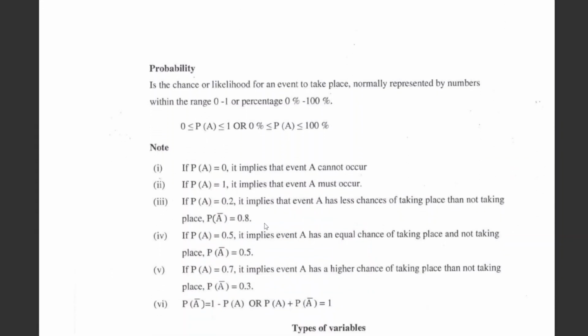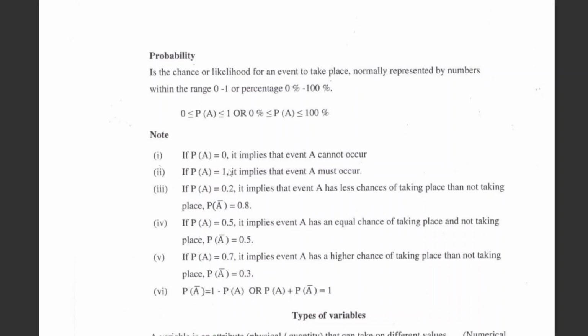And what does that imply? It implies that if the probability is 0, that means the event cannot occur. If the probability is 1, it means that the event must occur because that is the highest. If the probability is anything below 0.5, that means it has less chance of occurring. If it is exactly 0.5, it means it has equal chances of happening and not happening.